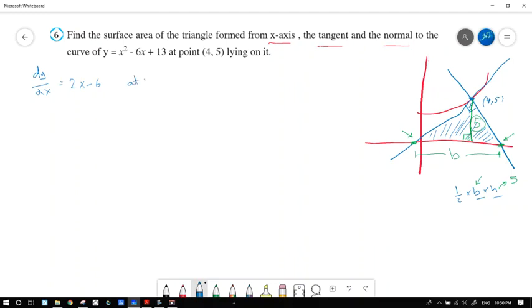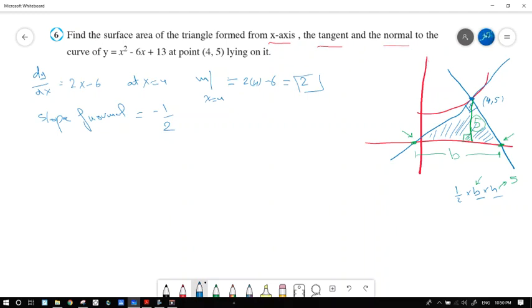So at x equals 4, m will be 2 times 4 minus 6, which is equal to 2. So the slope of the tangent is 2. So the slope of the normal, as we know, will be -1/2, the reciprocal, and then change the sign. So the slope of the normal is -1/2.